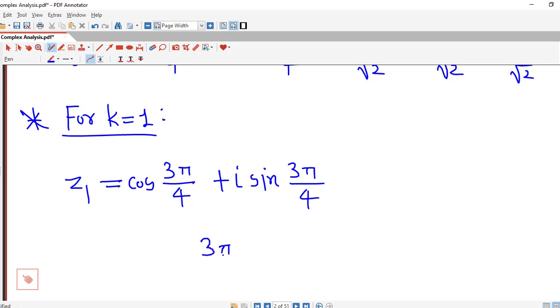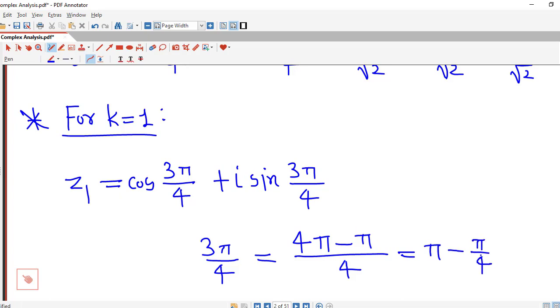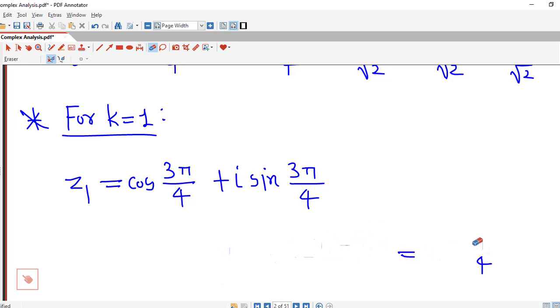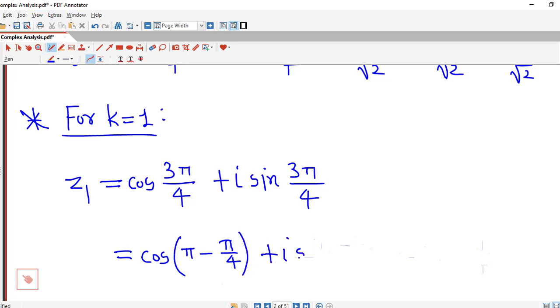Now 3 pi by 4 can be written as pi minus pi divided by 4, that is pi minus pi by 4. So we replace 3 pi by 4 by pi minus pi by 4, and we simplify. This is now cosine of pi minus pi by 4 plus I sin of pi minus pi by 4.